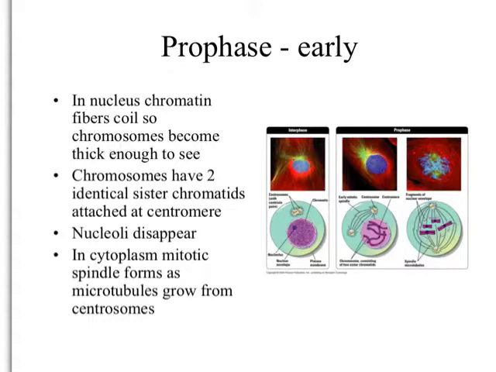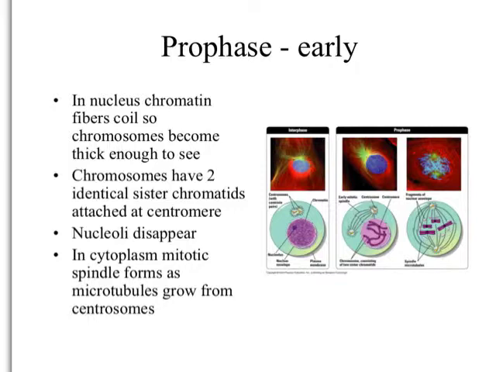During early prophase, the nucleoli or the nucleolus is going to start to disappear. The nucleoli is where the ribosomal RNA is produced that is going to make copies of the DNA and take it out to make proteins within the cytoplasm. But we'll get there in a future lecture.